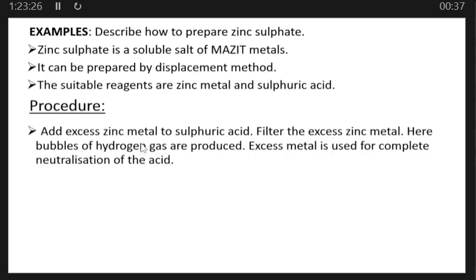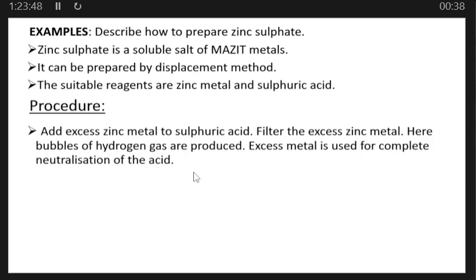So we are saying add excess zinc metal to sulfuric acid. Maybe the sulfuric acid is in a beaker, then you get enough zinc metal and add it to that beaker. Why do we add excess? Excess metal is used for complete neutralization of the acid.